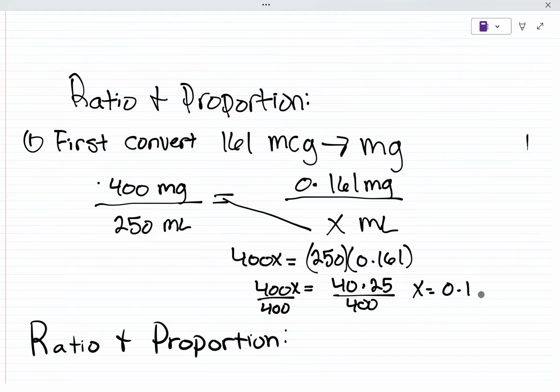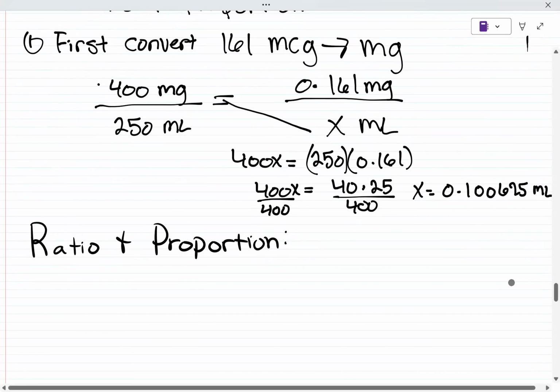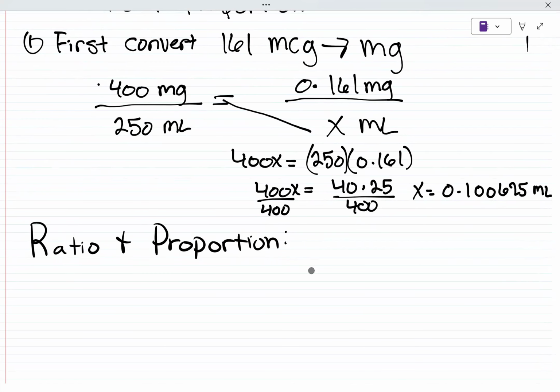You do not round this yet, so just write it all out. This is why I don't like ratio and proportion, because you could make a mistake by rounding. If you do it with dimensional analysis, all at once, you don't have to worry about it; you round at the very end.